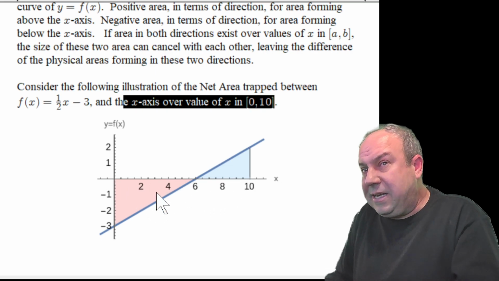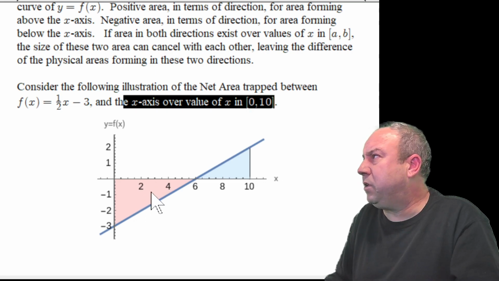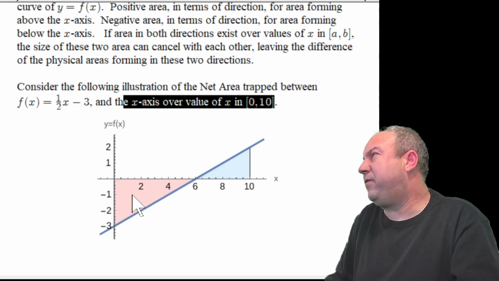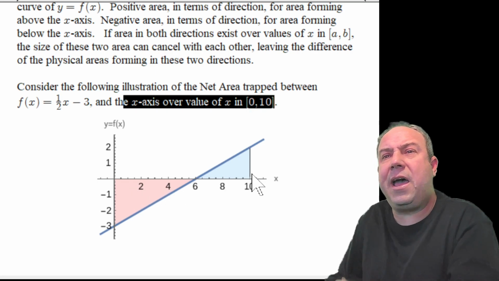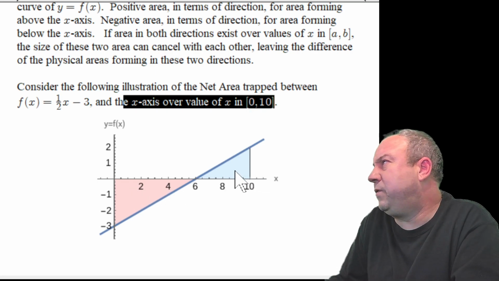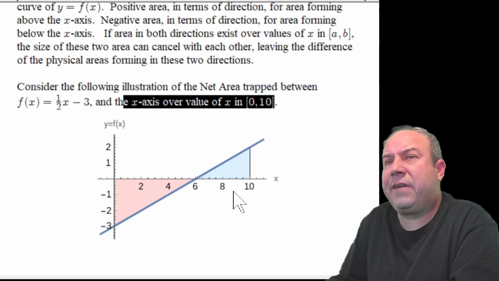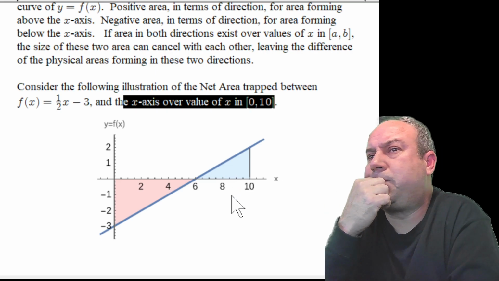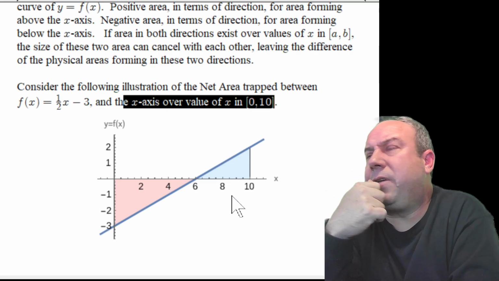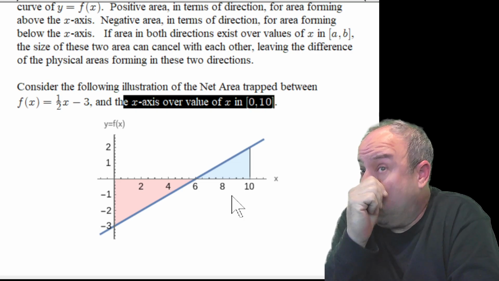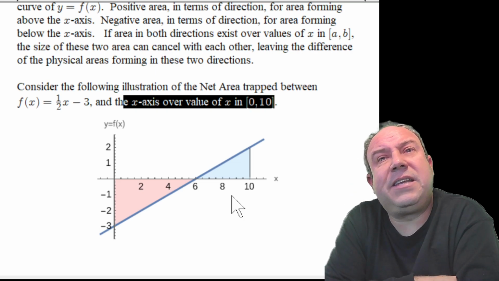And what we can see is some of this region forms below the x-axis, and I've gone ahead and shaded it here in red, and some of this region forms above the x-axis, which I've left here shaded in blue. When we calculate the red net area, we're going to find that it gives us a negative value.